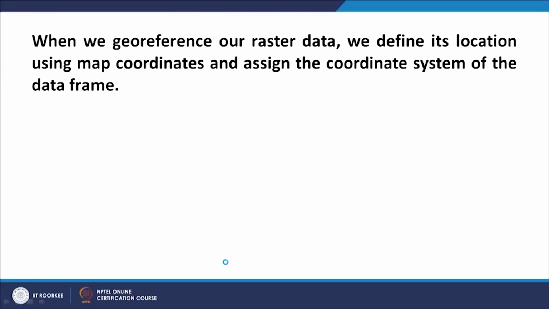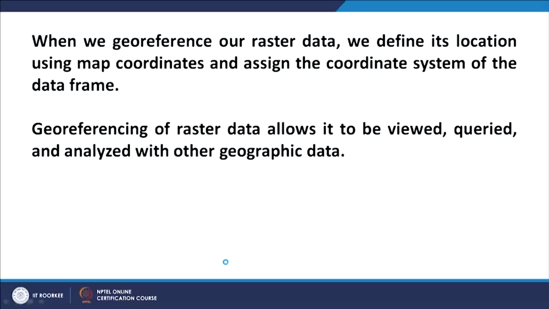Now when we georeference data, we are talking especially about raster data; vector data can also be handled in a similar way, but most of the time in this discussion we will be considering raster data because it has more complications.